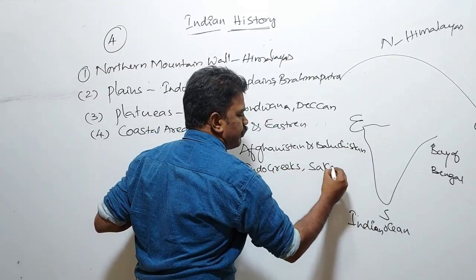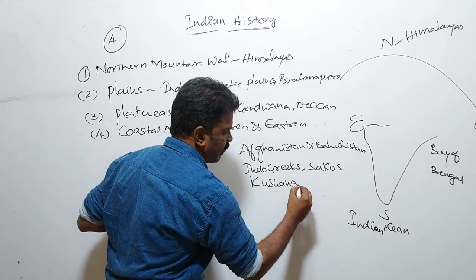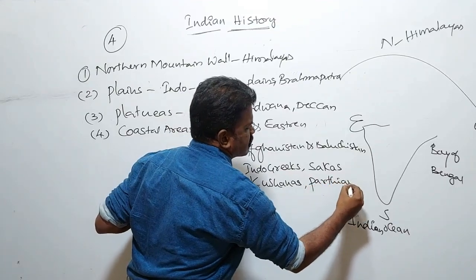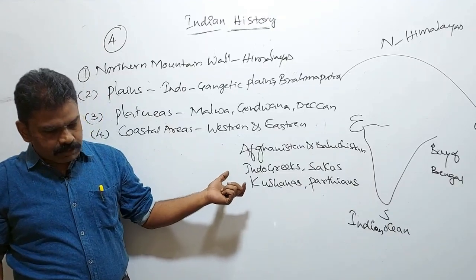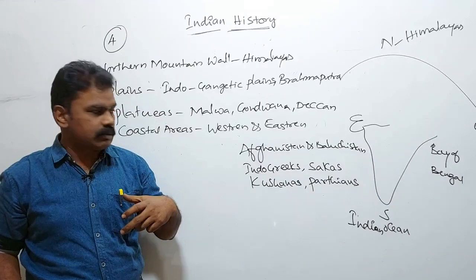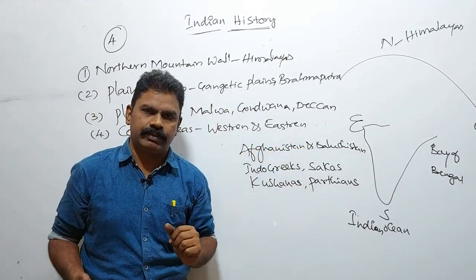Indo-Greeks ruled that area, Sakas ruled that area, Kushanas also ruled that area, Parthians also ruled that area. Different rulers ruled Afghanistan and Baluchistan in the ancient period.